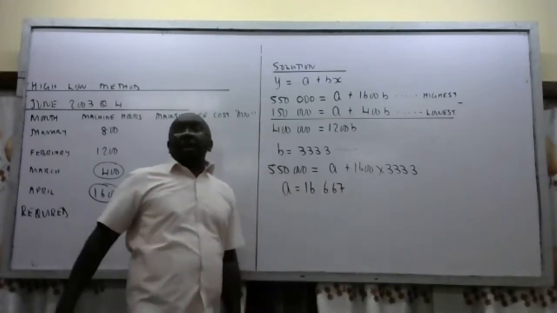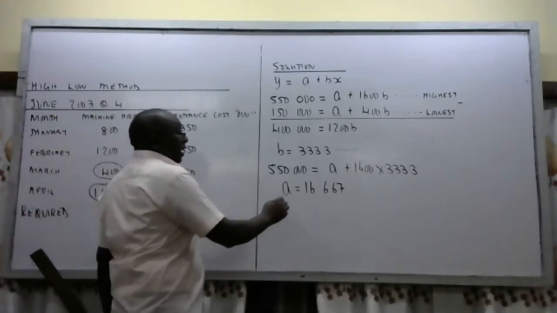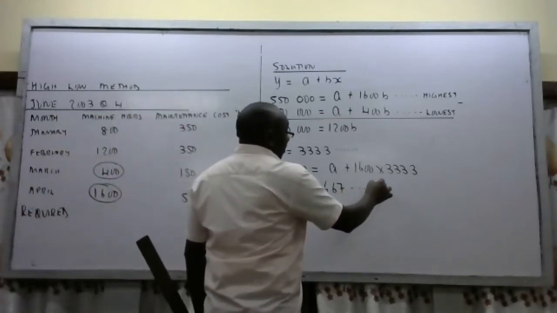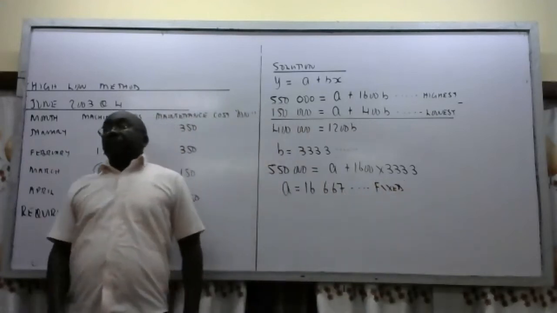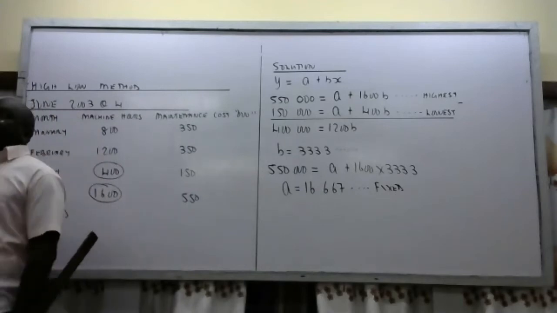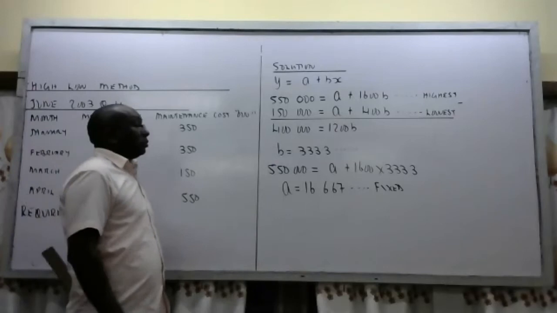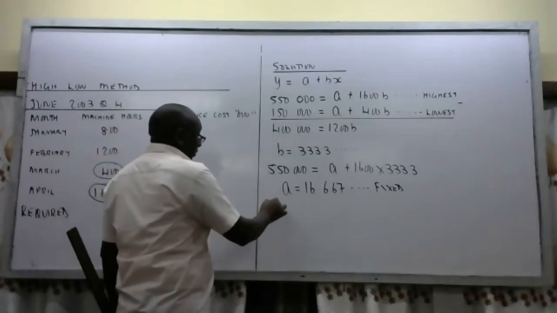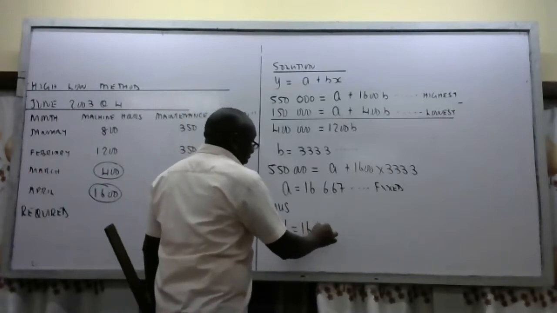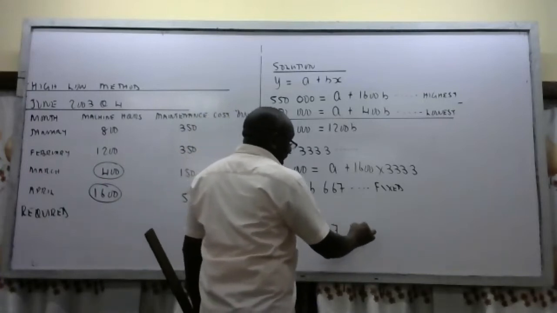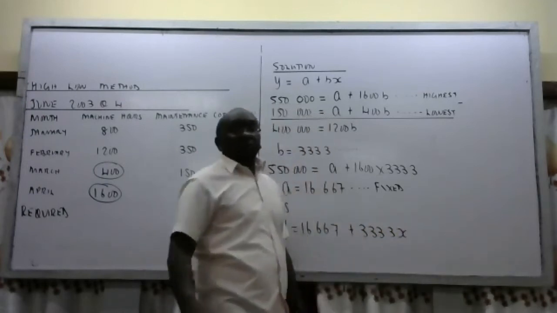So we can make it 667. Okay. And then you tell us this is the fixed maintenance cost. That is fixed maintenance cost. Thus, Y is 16,667 plus 3333.3 X.